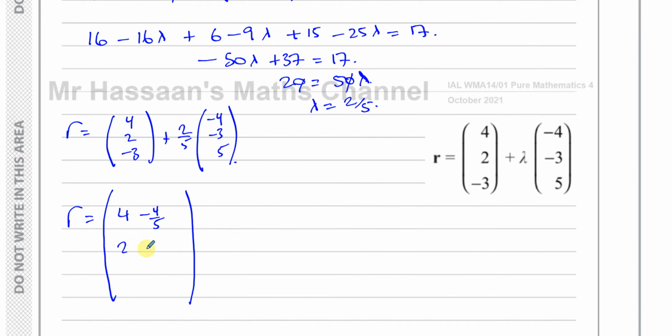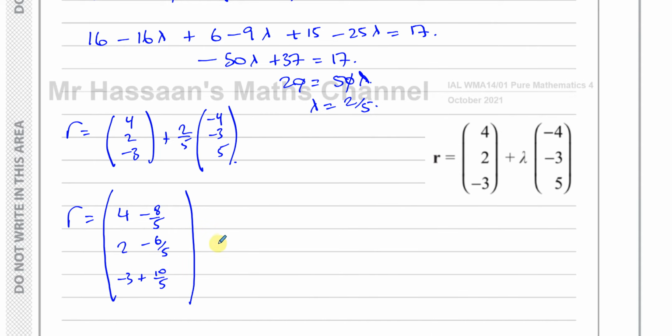I have 2 minus 6 over 5, and that's going to be minus 8 over 5. So 4 minus 8 over 5, 2 minus 6 over 5, and minus 3 plus 10 over 5.